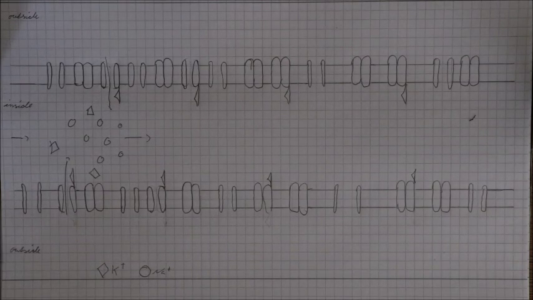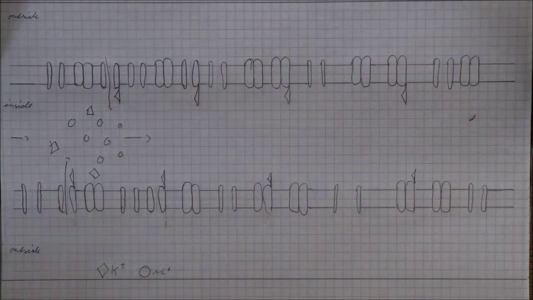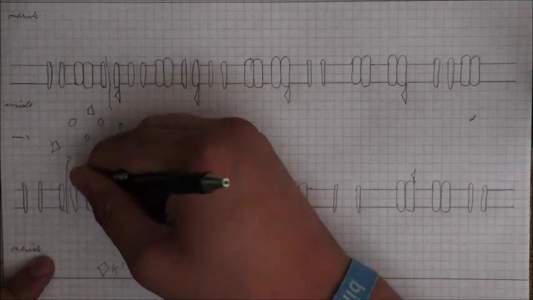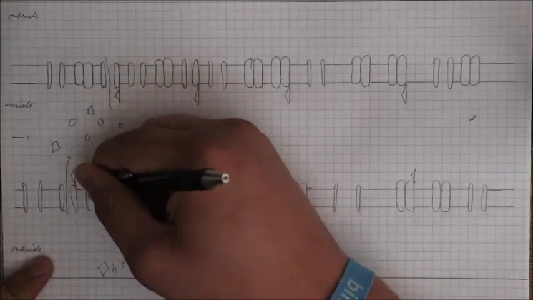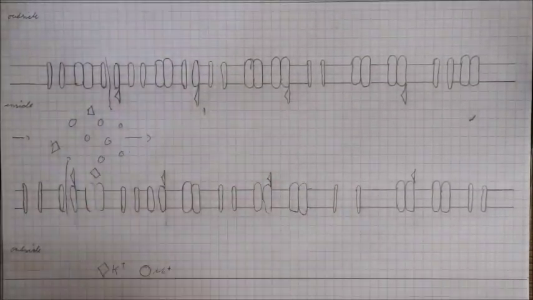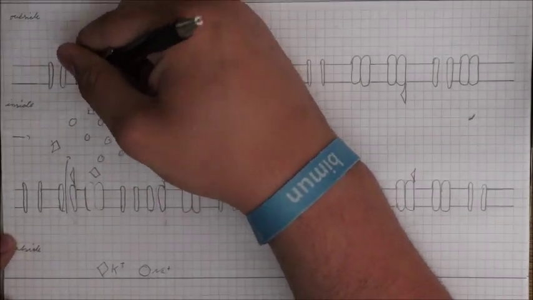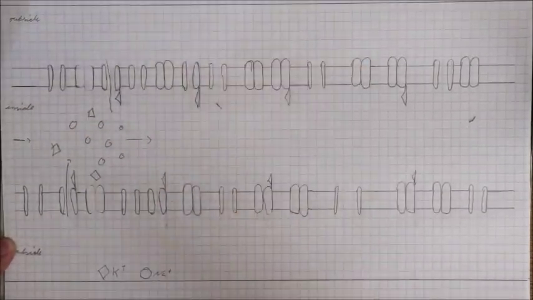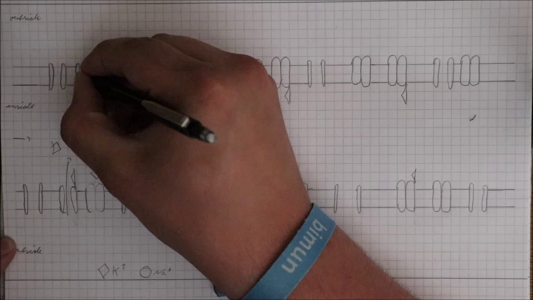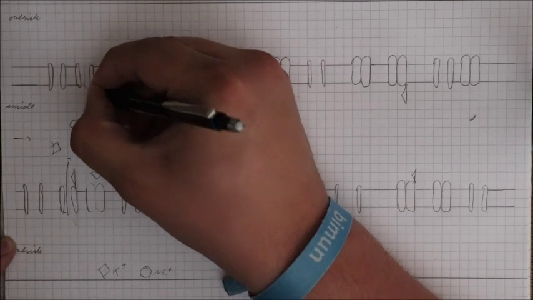And now, with a temporal delay, the voltage gated potassium channels are opened. I have to draw this quickly as well, sorry for this. So this one is now opened, this one is opened.